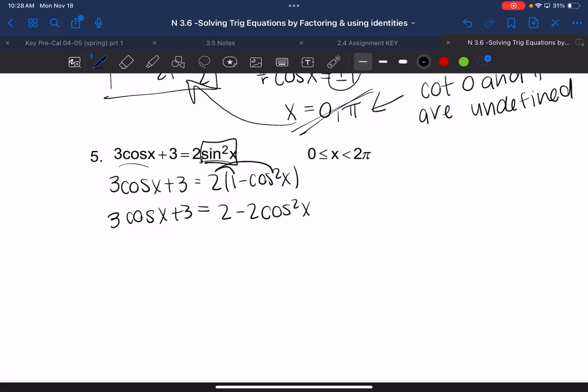Okay, how would I move a positive 2 to the other side? Subtract it, okay? How would I move a negative 2 cosine squared to the other side? Add it.